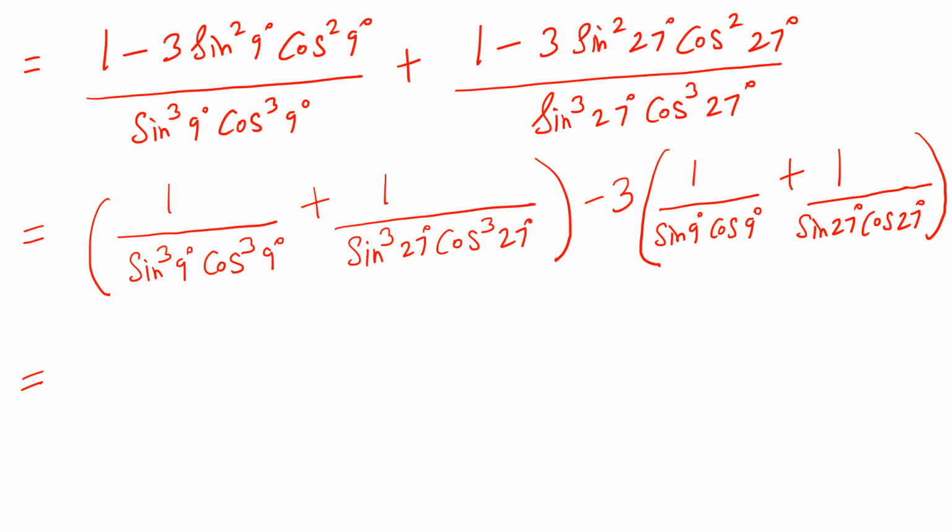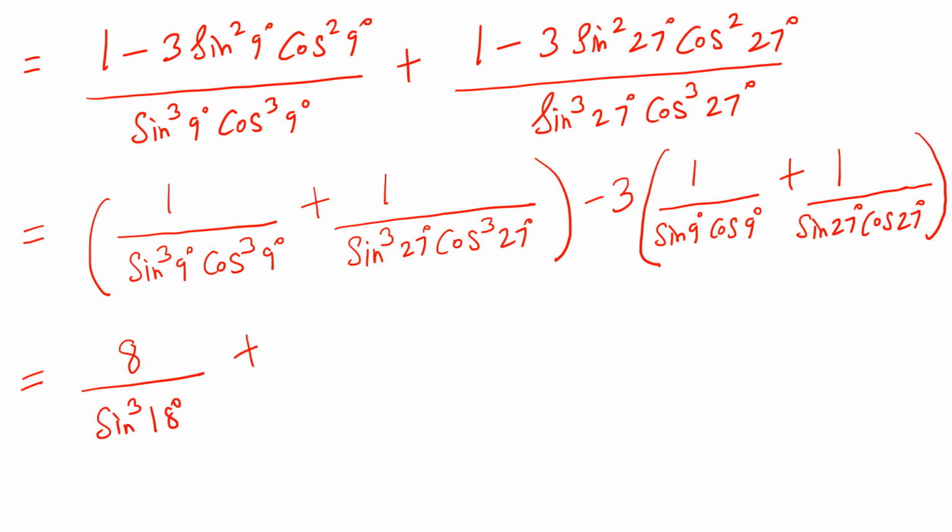So that means if in the expression 1 upon sine cube 9 degree into cos cube 9 degree, I multiply by 8 up and down, then in the denominator it becomes (2 sine 9 degree into cos 9 degree) whole cube, which can be written as sine cube 18 degree. Right? So now this becomes 8 upon sine cube 18 degree.